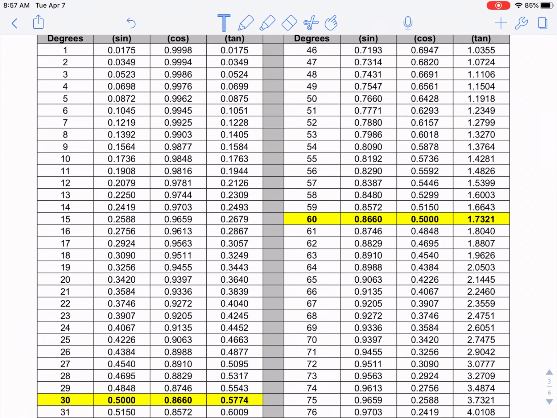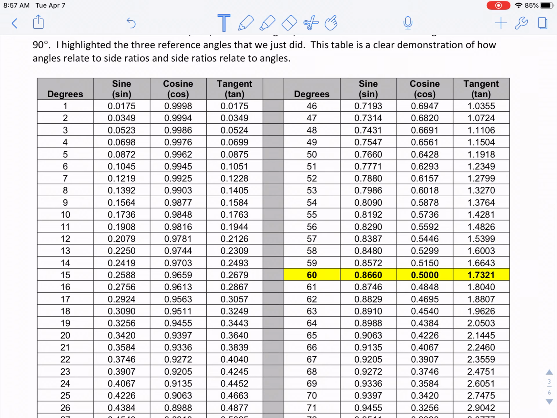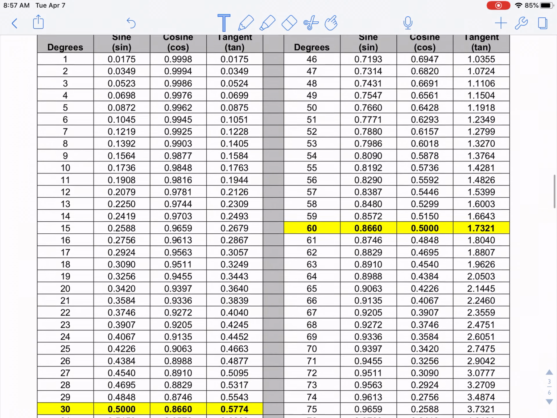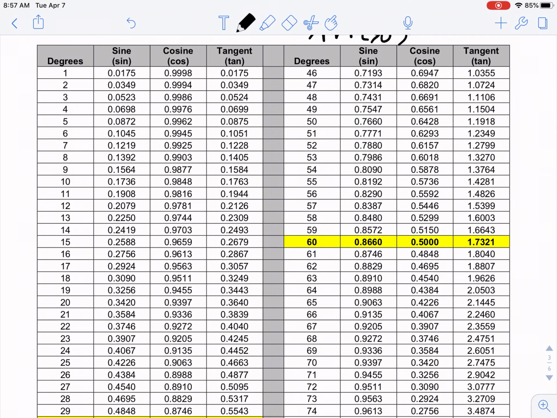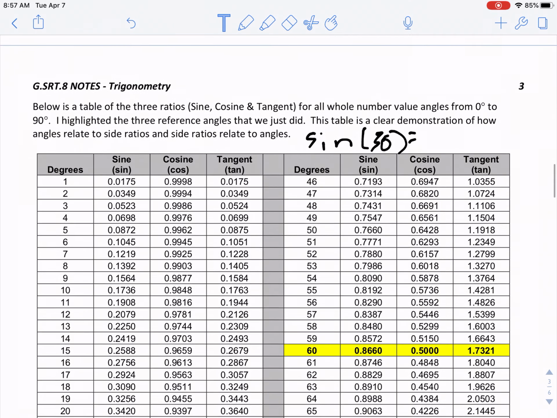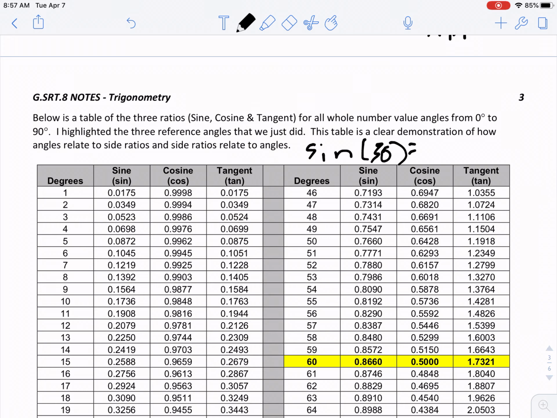So if we have 30, that's 30 degrees. That's what an angle would be. If I type in my calculator, sine, which is the sin button, and then I hit 30, it should equal probably 0.5. The rest of it, they just went out to the same number of decimal places on each one.